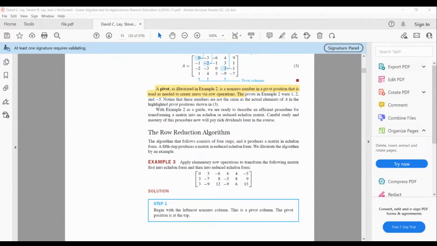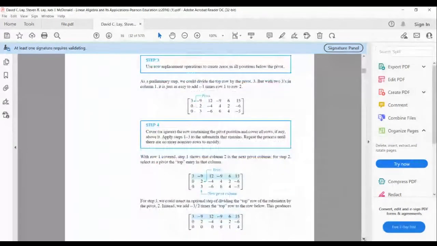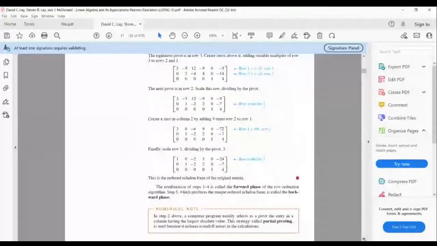I will mention, this is worth mentioning here. They do another example, but we already went through an example. So let's just get to this numerical note here.